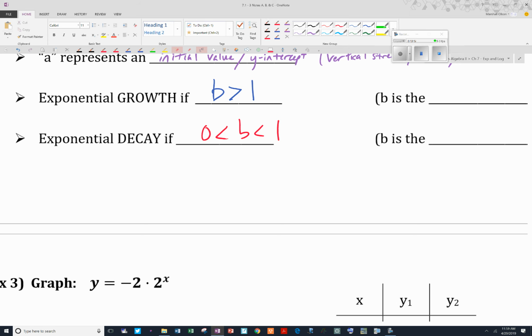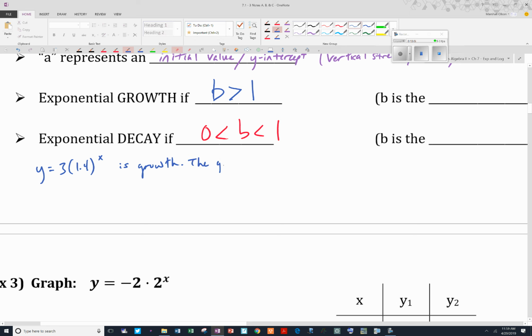Okay, one last time I'm going to have you throw these things down here. Just some examples. Right here, y equals 3 times 1.4 to the x. Is that growth or decay? So let's write: that represents growth.